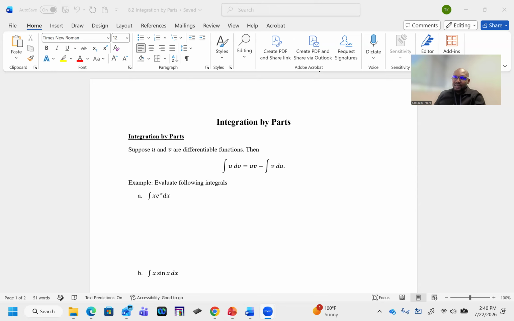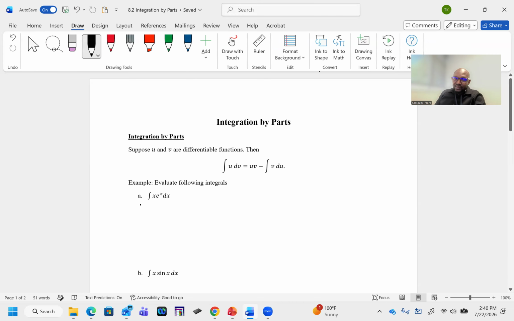And the choice for dv should be easy to integrate, as I said. So in this case, I would just say let u be equal to x. If u is x, then du will be what? dx, right?